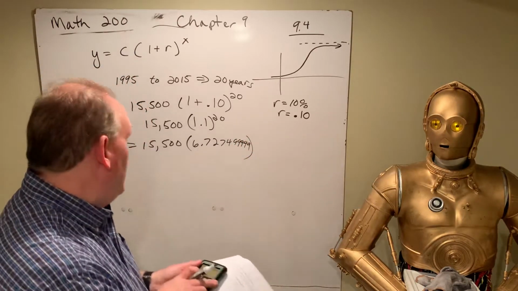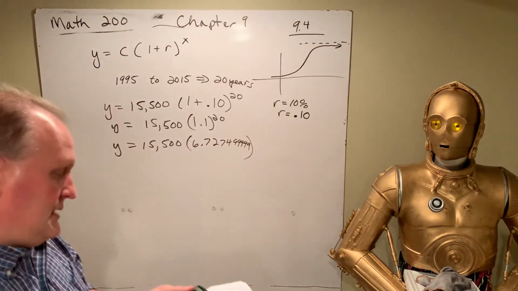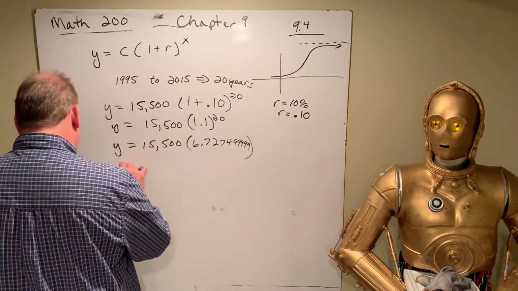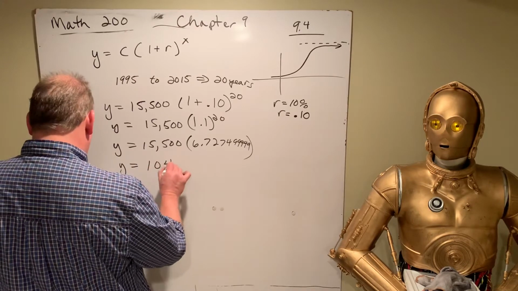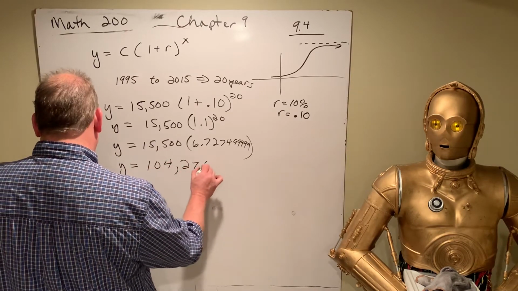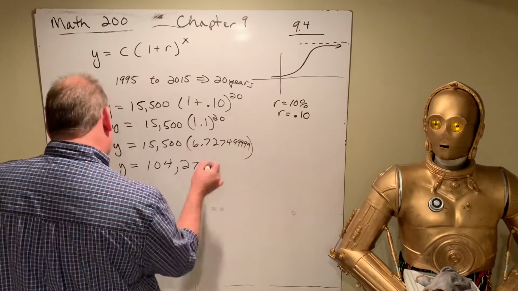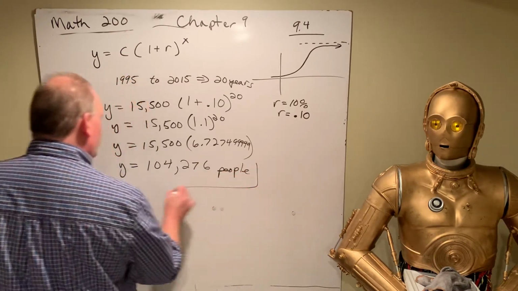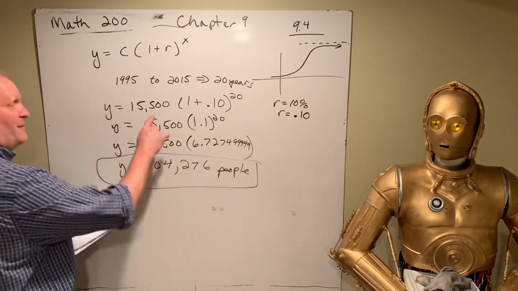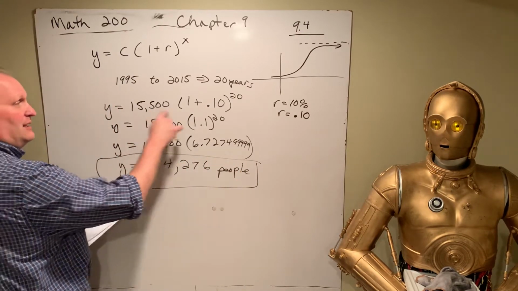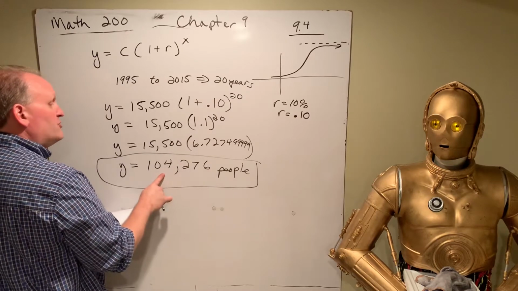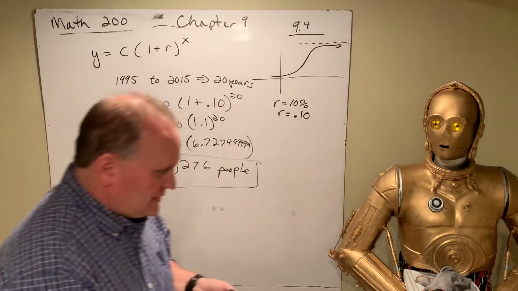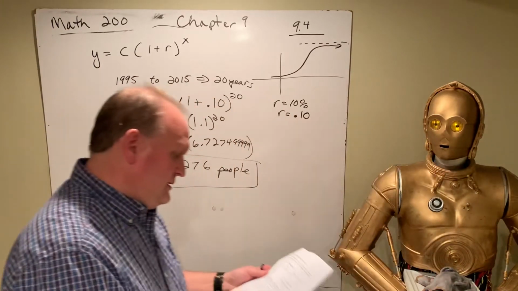All right, and we multiply that by 15,500, and so we're looking at 104,276.249, but we'll just call it 6 people. We'll round to the nearest whole number. So it went from 15,500 in 20 years to 104,000. That's quite a growth rate. All right.